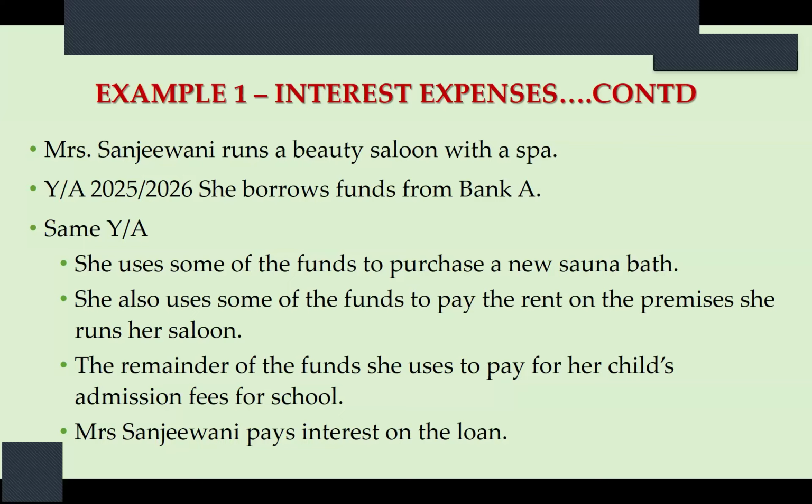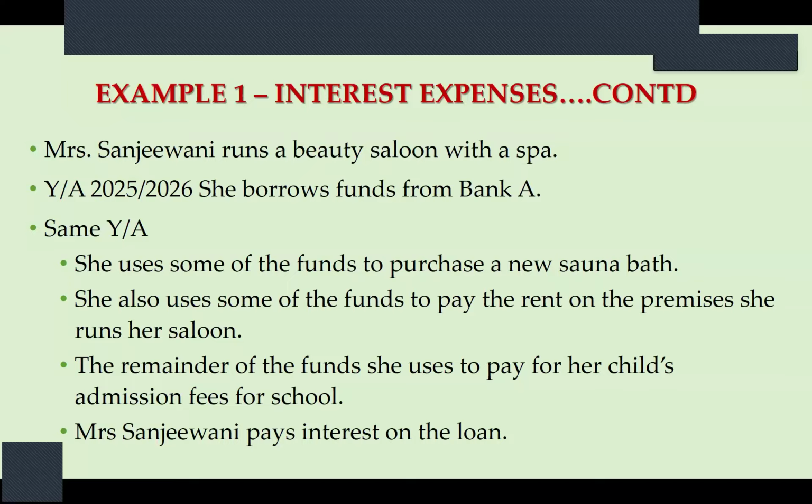Because she borrowed money from a bank, she used that borrowed money for several purposes, not for the business purpose only but for several purposes. So we have to consider whether that borrowed money was used for the purpose of the business, or if she purchased an asset, whether she used that asset during that period, or whether she used that borrowed fund for her personal purposes.